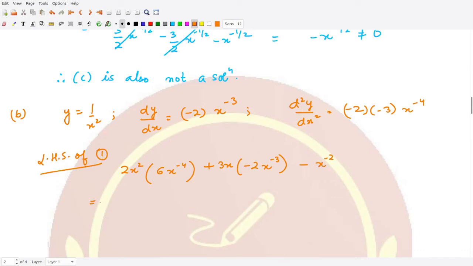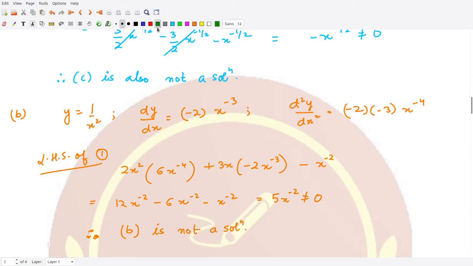So let's check whether this is equal to 0 or not. So it is 12x to the power minus 2, then minus 6x to the power minus 2 and minus x to the power minus 2. So you see this is equal to 5x to the power minus 2, which is clearly not equal to 0. So from here you could obviously tell that option A is the correct option, but let's check that one also. So B is not a solution, right?